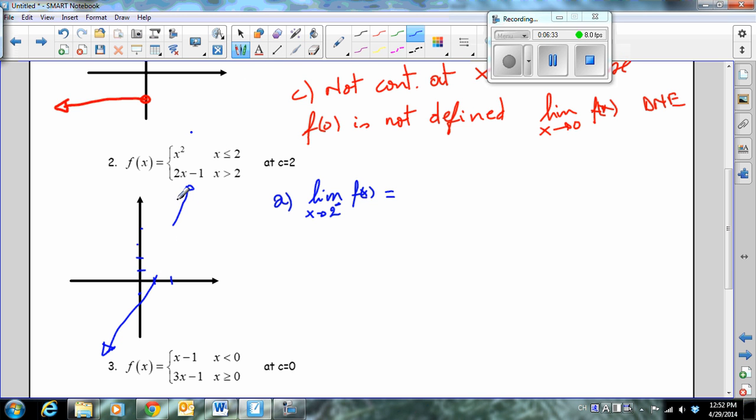The first thing that I'm doing, if I plug in 2 here, I get 4. Oh no, I didn't make a mistake. That's at 4, and it's a solid compared to an open at 3. Yep, that was correct. If I'm approaching 2 from the left, meaning from this side, I get 3.